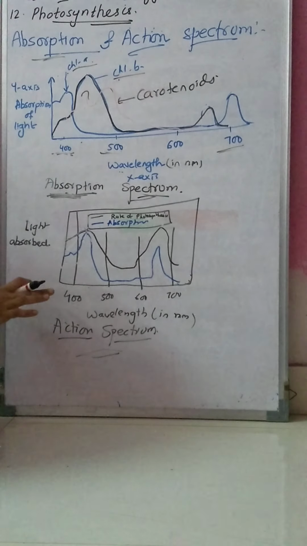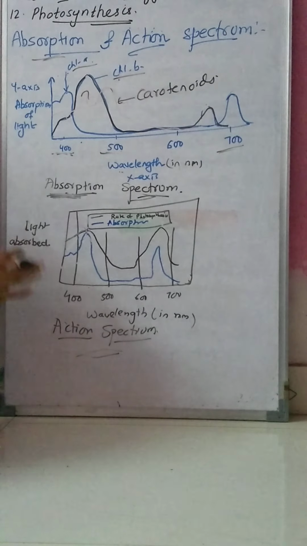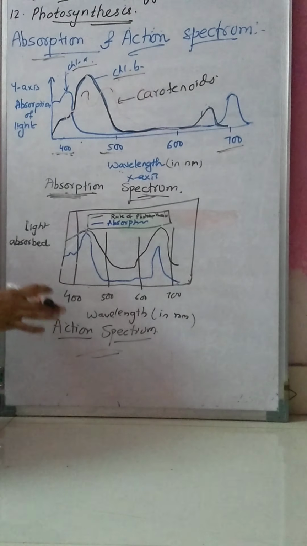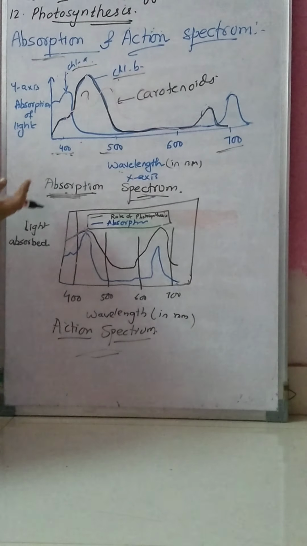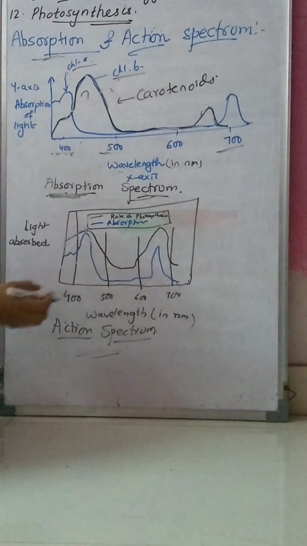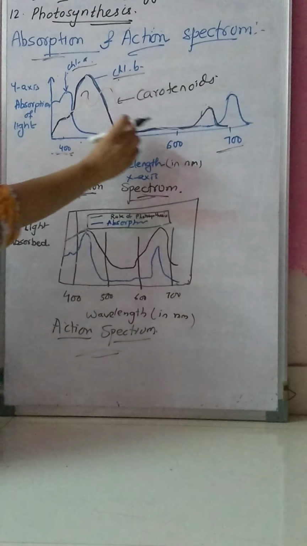There is photosynthetic activity which takes place in parts of the spectrum where chlorophyll A absorbs little light. Okay, there is a part where chlorophyll A absorbs very little light.